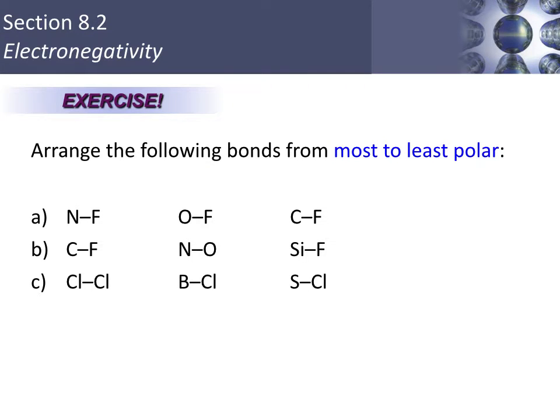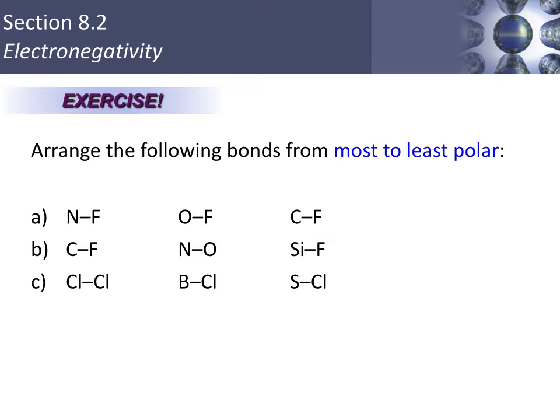The next part is to arrange the following bonds from most polar to least polar. If you haven't already, grab a textbook or look up a sheet of electronegativity values so that you could follow along with these problems. Go ahead and pause it, work on it, and then we'll come back. All right, for letter A, we're looking for the greater electronegativity difference between the atoms.